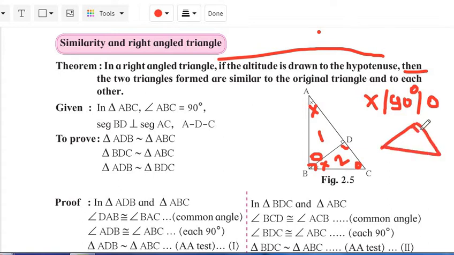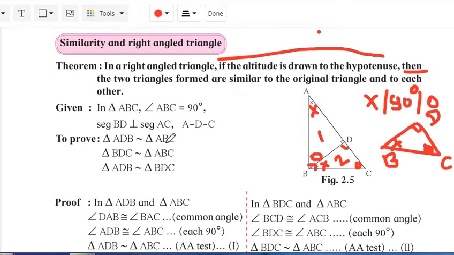Angle D is 90, angle C is 0, already you considered it as 0, and therefore this angle B is cross. Now here the sequence is the same, cross 90 0: cross means B, 90 means D and 0 means C. So BDC similar to ABC, very easy.